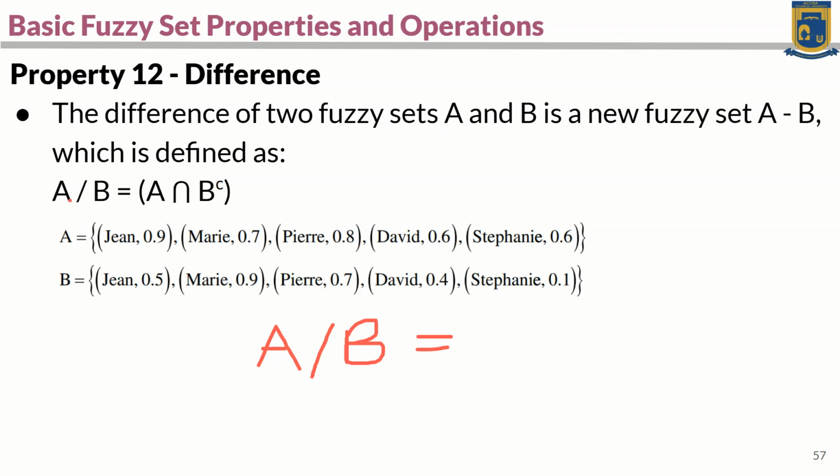So how do we also do that in fuzzy? So here, look at it. If I ask you to find the difference of A and B, look at how it is written. It becomes A intersection B complement. That means you have to first go and find B complement. Without getting B complement, you can't find it.